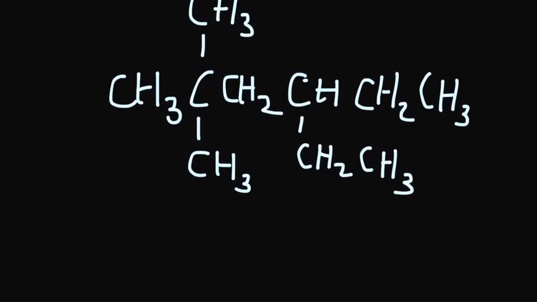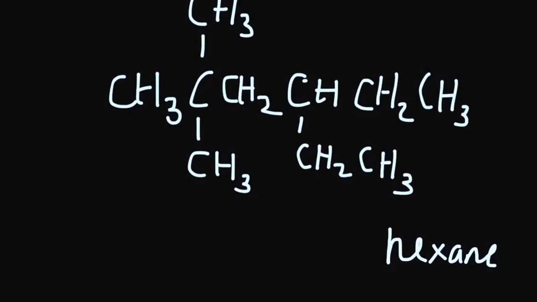So the longest chain is, well, let's see, 1, 2, 3, 1, 2, 3, 4, 5, 1, 2, 3, 4, 5, 6. So the longest chain is 6. So this is going to make this molecule hexane. Okay, that's the parent molecule.